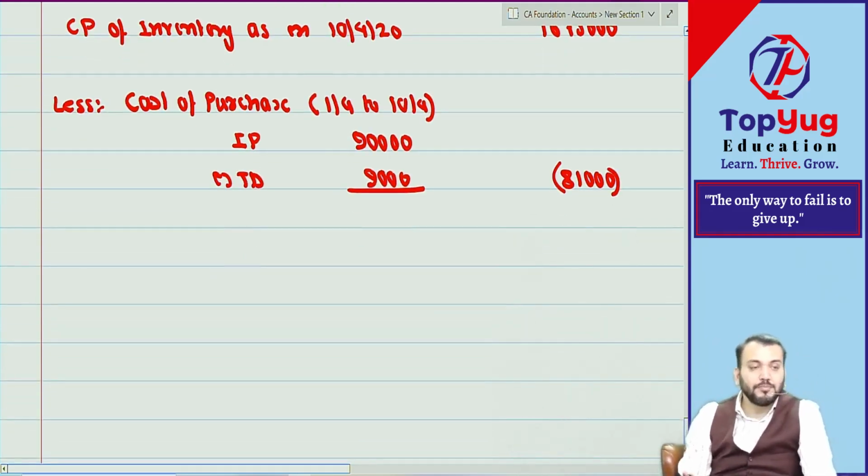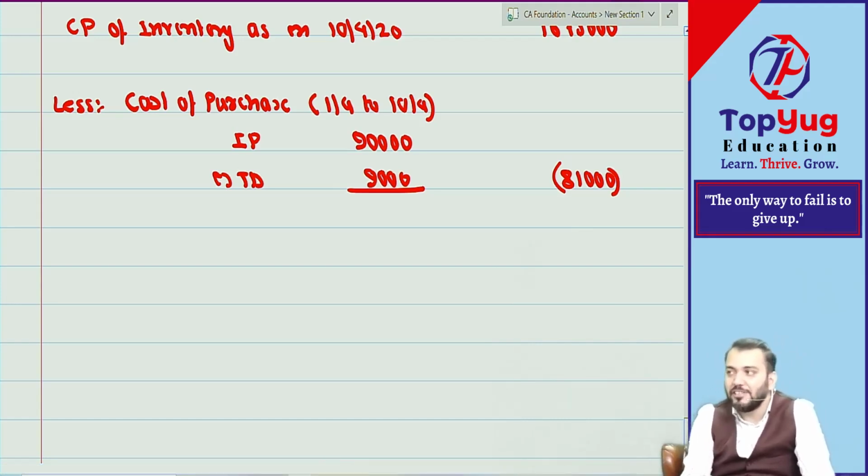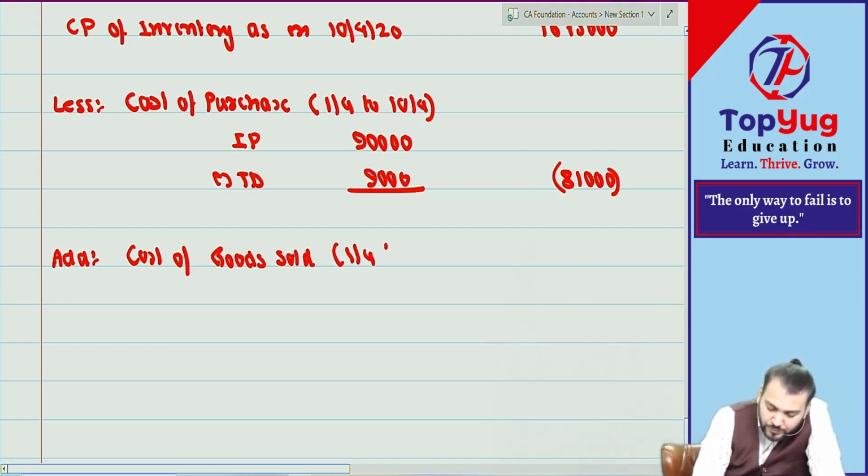Now, any sale made during this period will be added or deducted? It will be added, because it was not a sale up to 31st March. So we add the cost of goods sold from 1st April to 10th April.